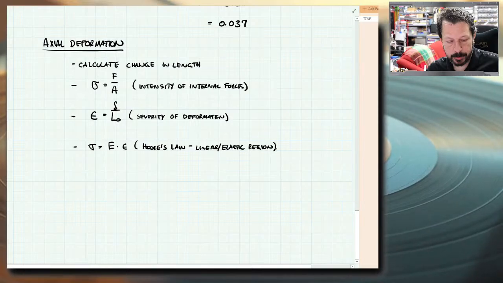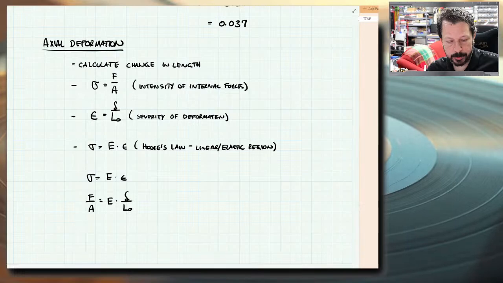And if you notice these equations, they all kind of have similar variables in them. So what I want to do is take Hooke's law and sub in sigma is F over A and epsilon is delta over L naught. And if I'm looking for a way to calculate axial deformation, this delta is axial deformation.